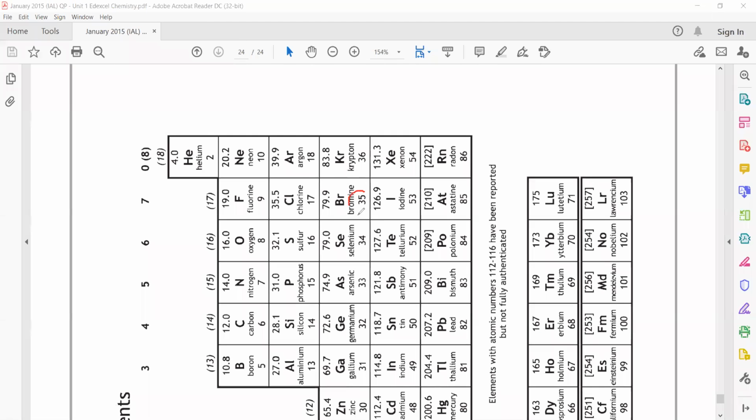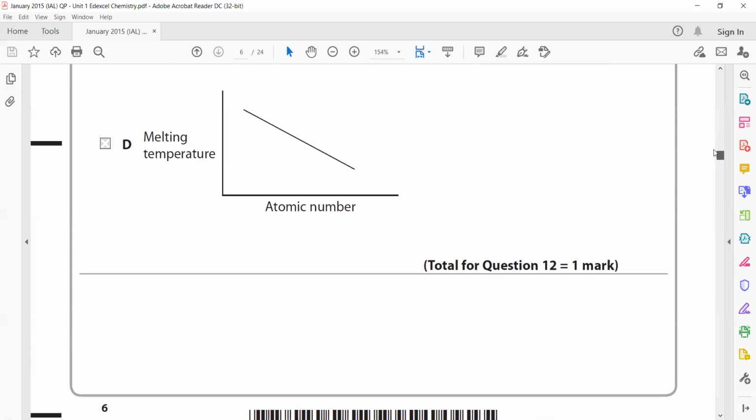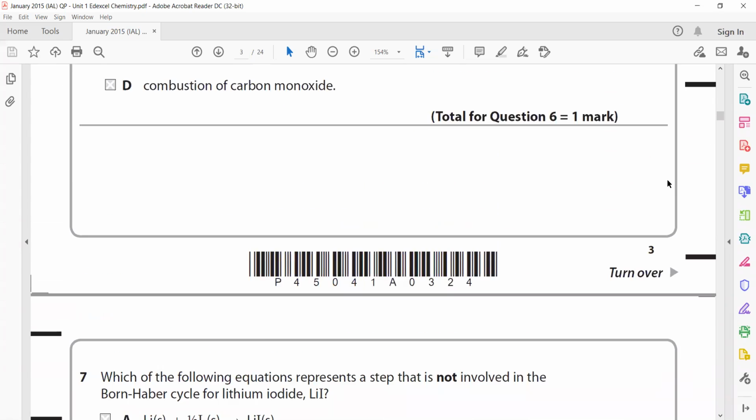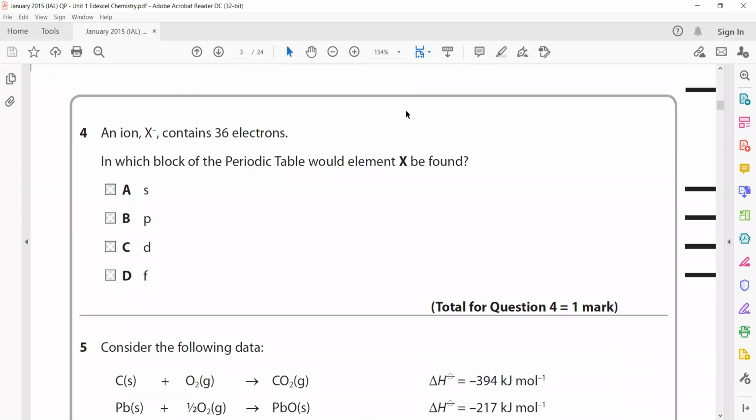Atomic number 35 is bromine, and this whole region is P block elements. So this is a P block element. You can also write the electronic configuration, but you don't have to, as we can work it out by looking at its atomic number and checking the periodic table. So it is a P block element.